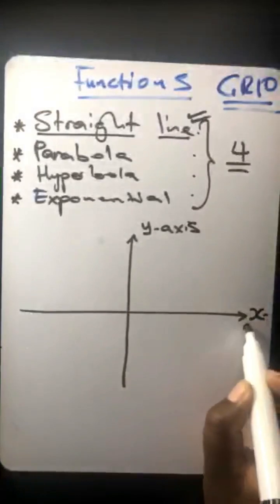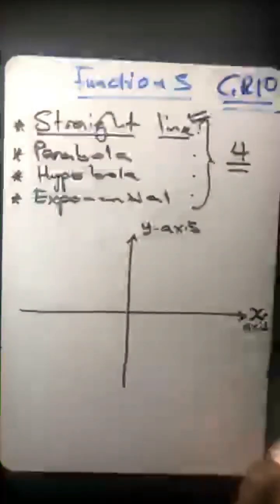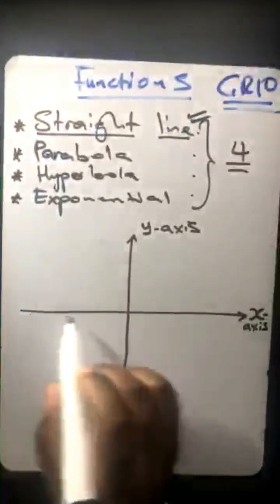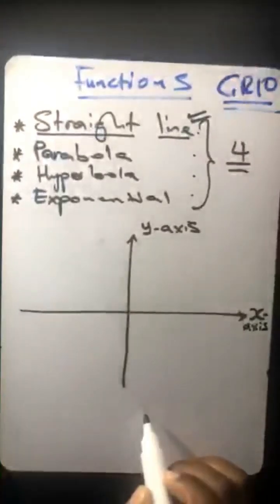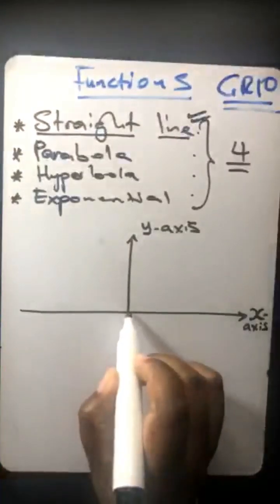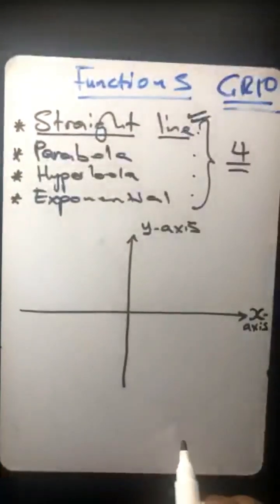So this is going to be the x-axis. And most importantly, guys, where these 2 lines intersect is what we call the origin. So it's more like the starting point.